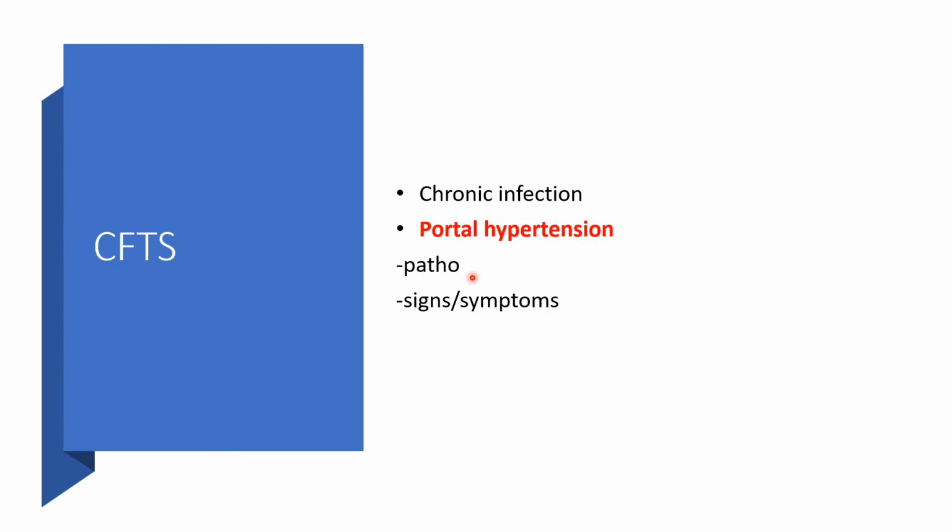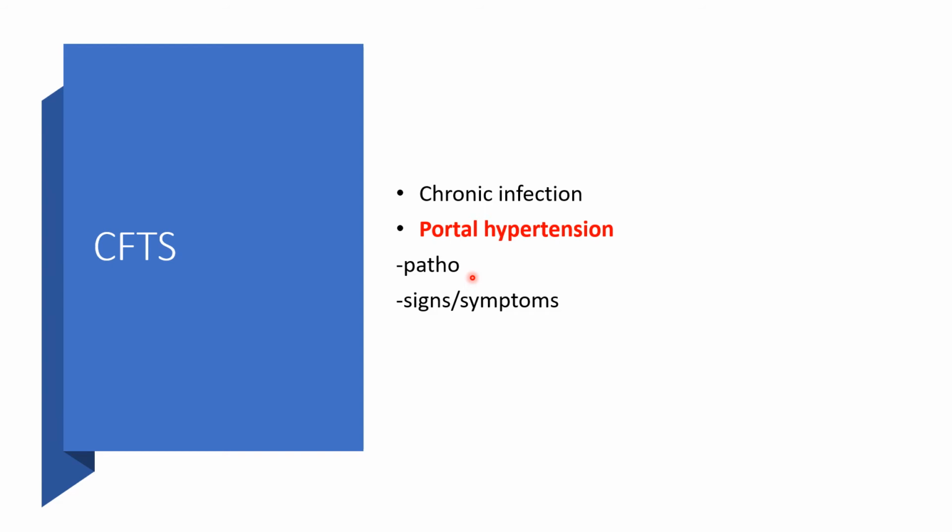This phenomenon is very common in heavily infected people. But it may also be as a result of collagen deposition in the periportal space, and that will lead to periportal fibrosis called the Symmers' pipestem fibrosis.